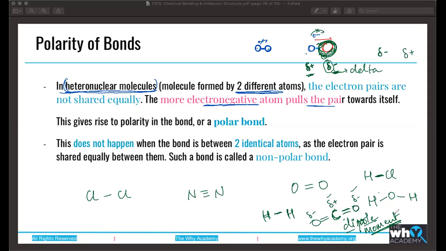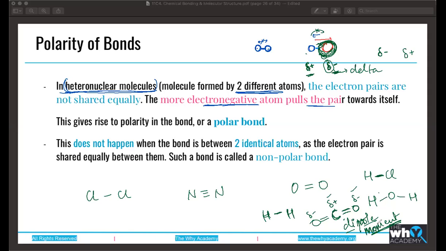Have you guys done rotational motion by any chance? Have you heard of something called moment of inertia? So you have an idea what moment is.